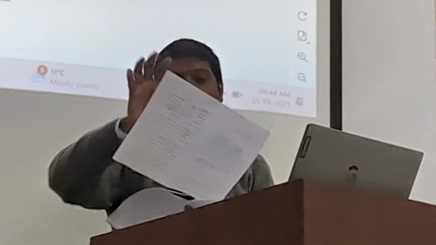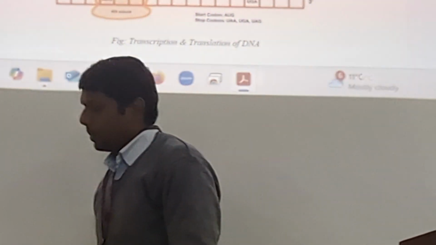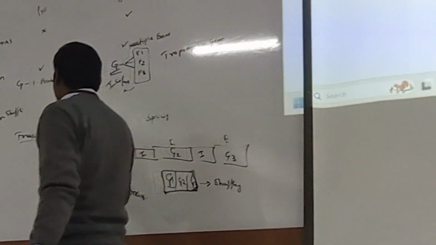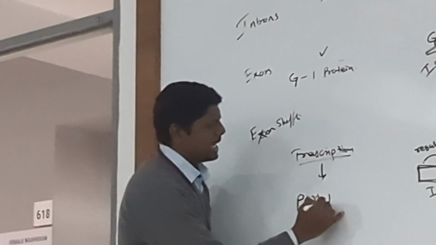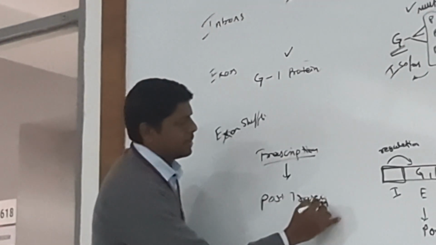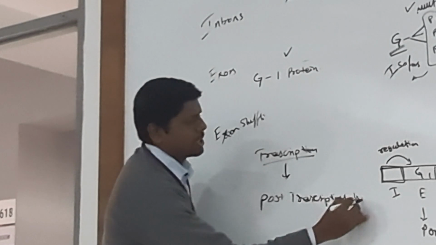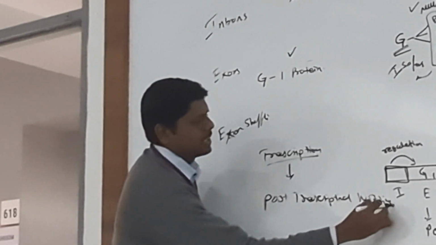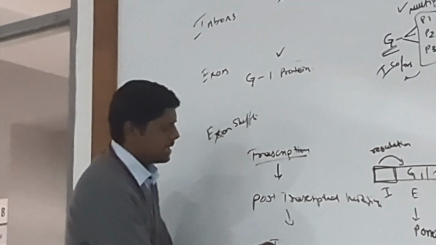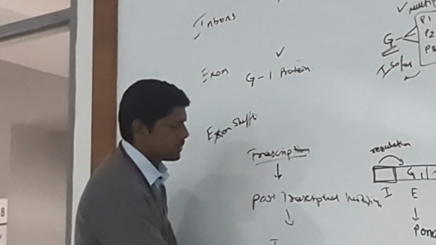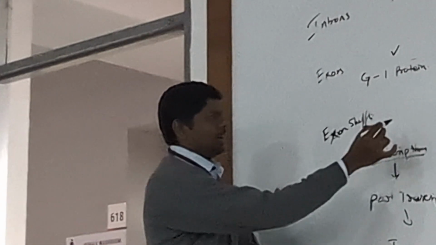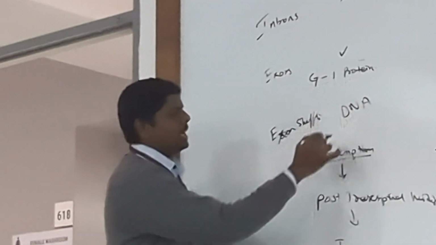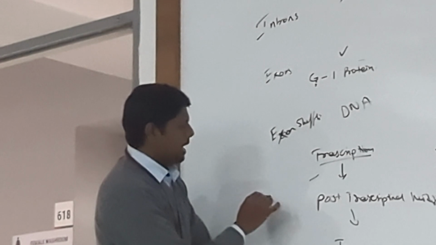will be translation. So before translation there is one more concept. After transcription we have post-transcriptional modifications. Then we have translation. What is the overall goal of doing transcription? We have a DNA. DNA converts to mRNA.